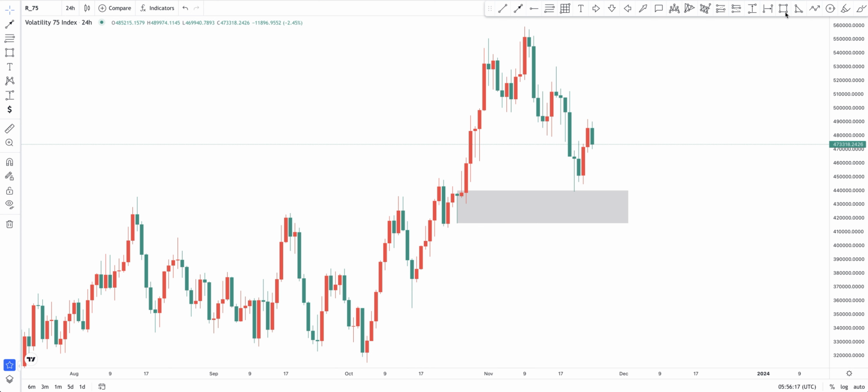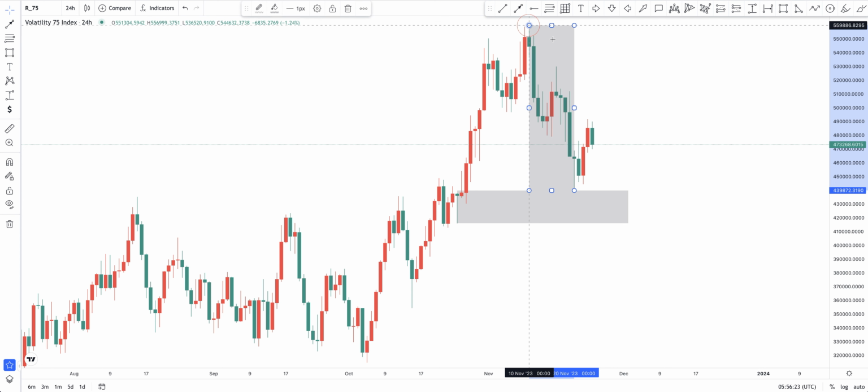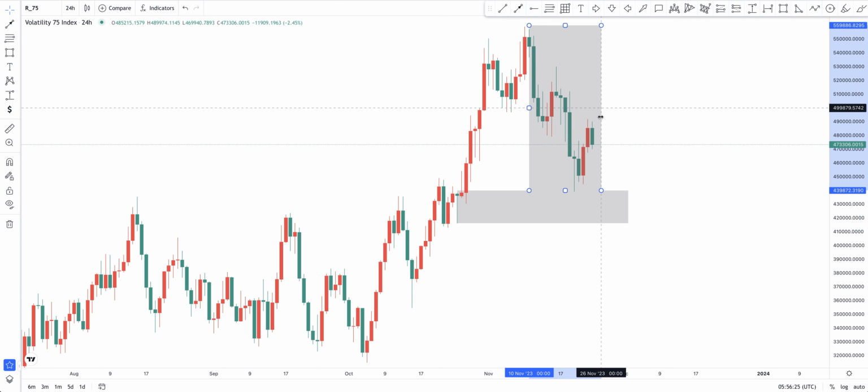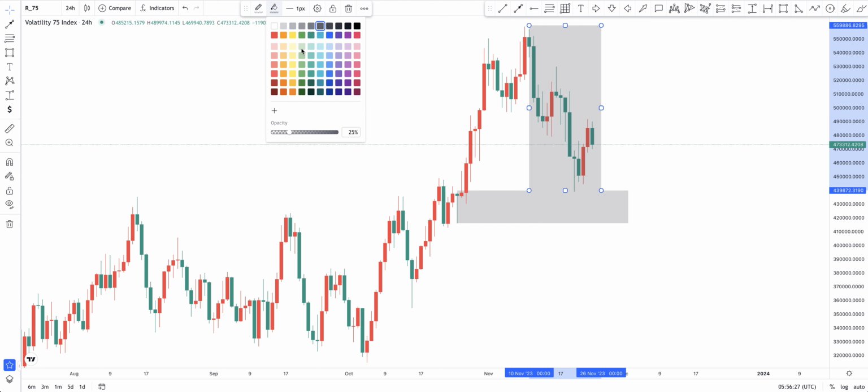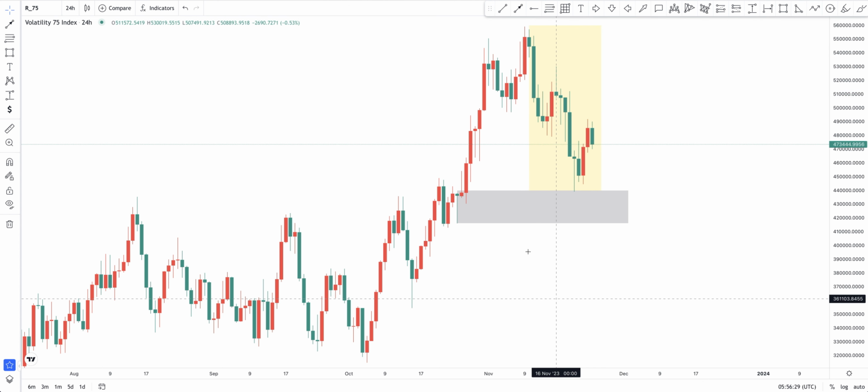So this is the trade I took. You can see from here, I caught this trade from here to this point. Okay, so we are taking this aspect out. So we are starting our analysis from here. Even though as I drew the demand zone, you can see price tapped in and then it started moving up.